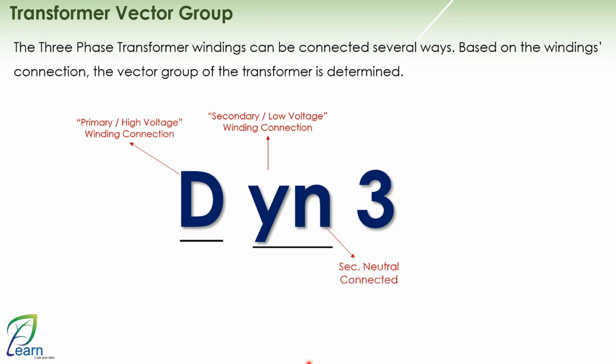The n means that this star connection has a neutral, and this neutral is connected to the ground. As for the last number, which is 3, it is an indicator. This number is multiplied by an angle of 30 degrees, meaning 3 times 30 equals 90 degrees. This means that the line current on the star side lags the line current on the delta side by 90 degrees.